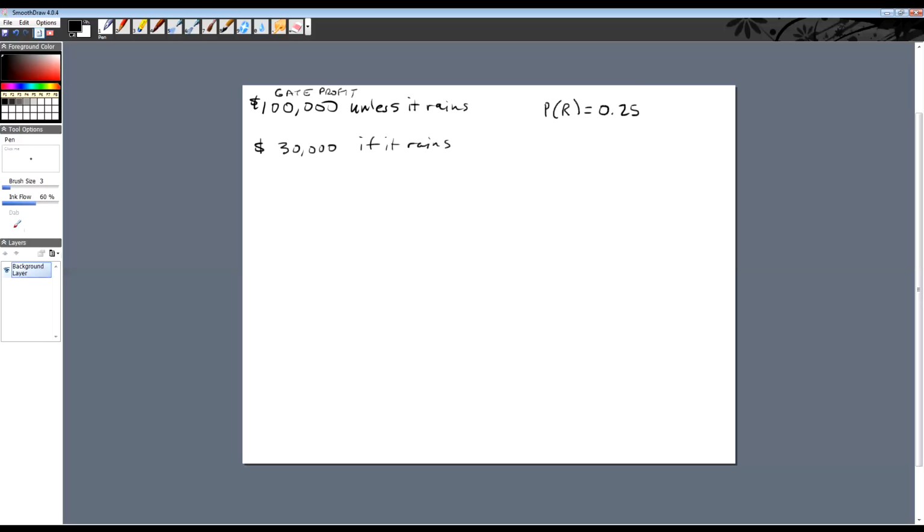I'm sorry, 0.20. 0.20 is the probability. For a premium, that is an insurance premium of $25,000, David can purchase insurance coverage that would pay him $100,000 in the event of rain.